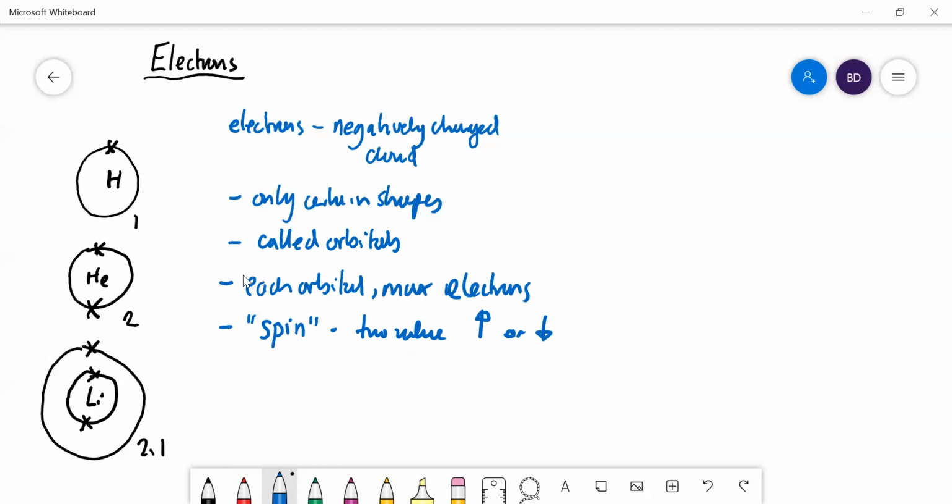When you have 2 electrons in the same orbital, they have opposite spins. One is up and one is down. They've got to have opposite spins.